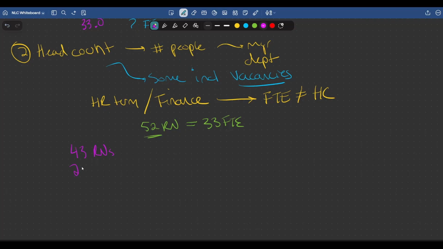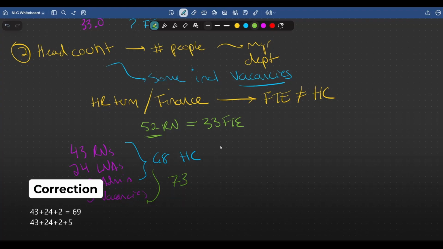I have say 24 aides, and then maybe 2 admin staff on the unit, and there are also 5 vacancies. Depending on your organization, you might be counting this without the vacancies, and then that would be 43 plus 24 plus 2, which gets you to 68 as your headcount. Or if you're including the vacancies, then it would be 73, because you add the 5. So that is headcount as a concept.